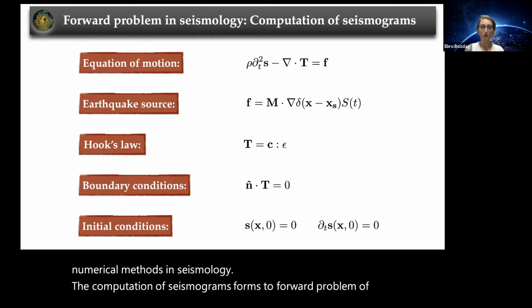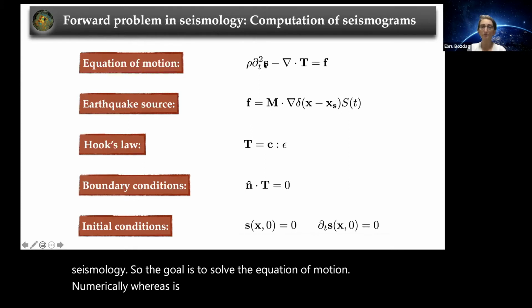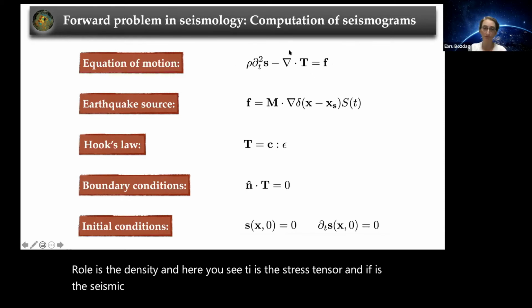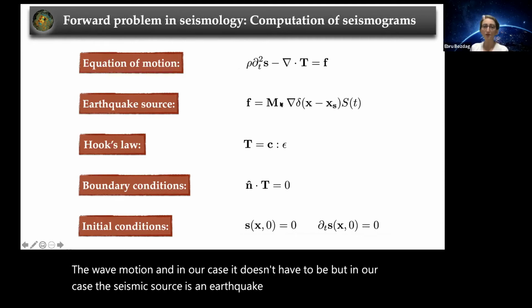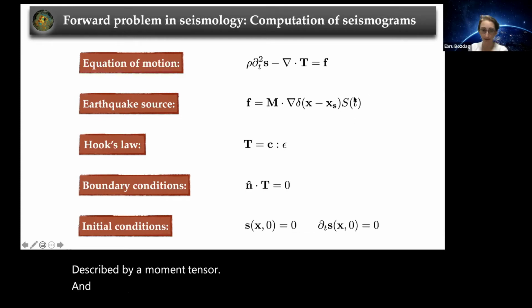So the goal is to solve the equation of motion numerically, where S is the displacement vector in 3 components, rho is the density, T is the stress tensor, and F is the seismic source that generates the wave motion. In our case, the seismic source is an earthquake source described by a moment tensor and the source time function S.